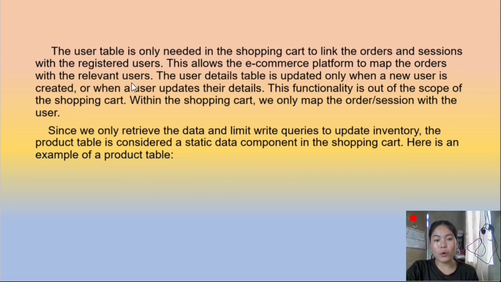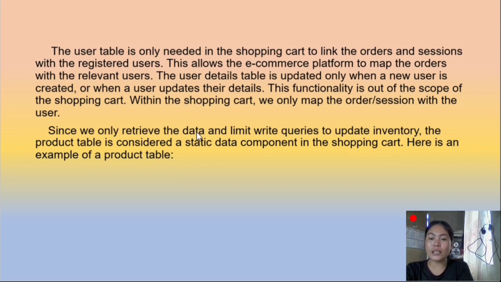So the user table is only needed in the shopping cart to link the orders and sessions with the registered users. This allows the e-commerce platform to map the orders with the relevant users. The user details table is updated only when a new user is created or when a user updates their details.